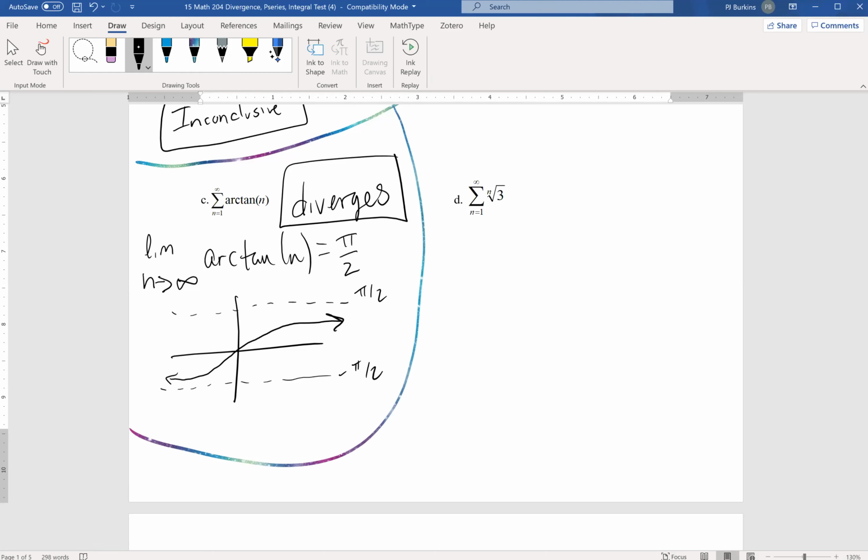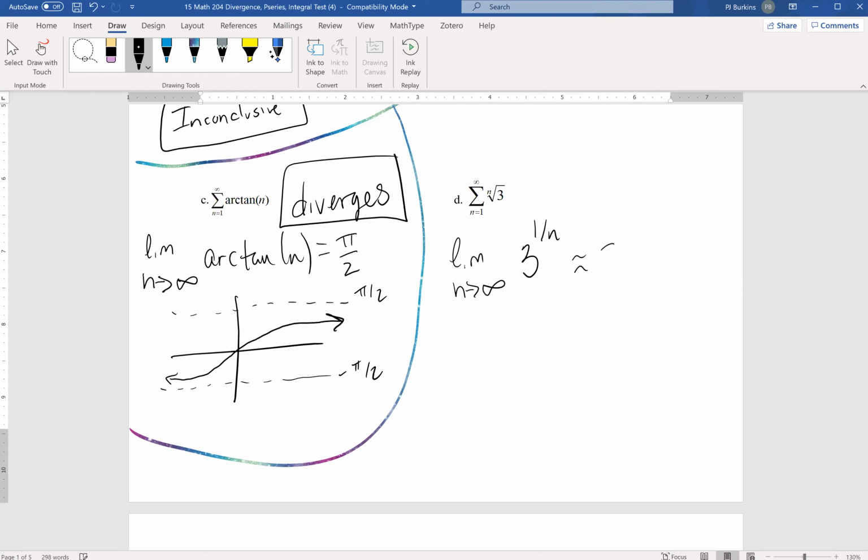All right, let's go ahead and try this last one here. So again, I need the limit as n approaches infinity. I'm going to rewrite the nth root of 3 as 3 to the 1 over n power.